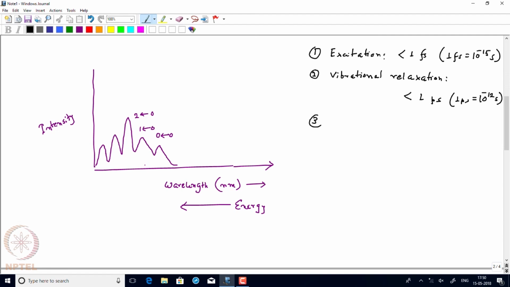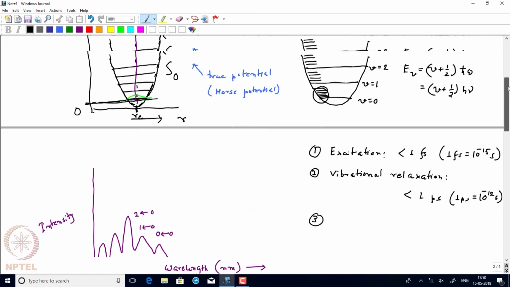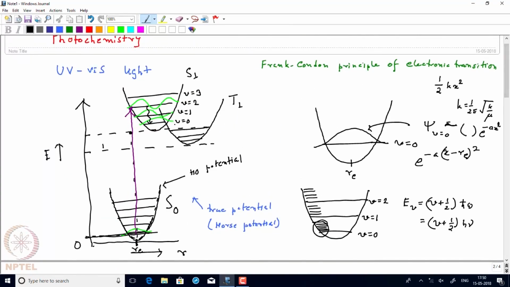Now all the emission will start from this v equal to 0 in the excited state. This assumes that vibrational relaxation is faster than emission. A state, say v equal to 2, can actually radiatively emit to the ground state, but that probability will be very low because most of the population quickly leaves v equal to 2 and comes to v equal to 1, quickly leaves v equal to 1 and comes to v equal to 0, and there it stays for a while, and from there it emits.